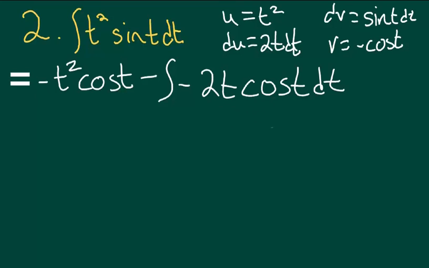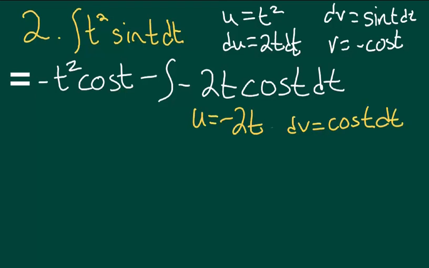Just kind of have a bit of an integrateception going on in here. So u equals negative 2t, and dv equals cosine of t dt. du equals negative 2 dt, and v equals sine of t.